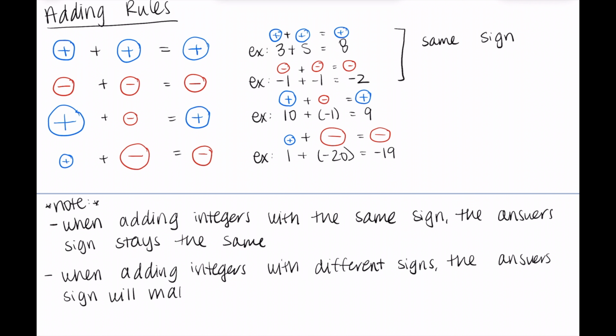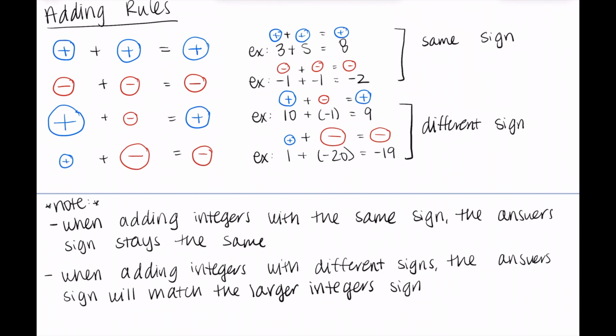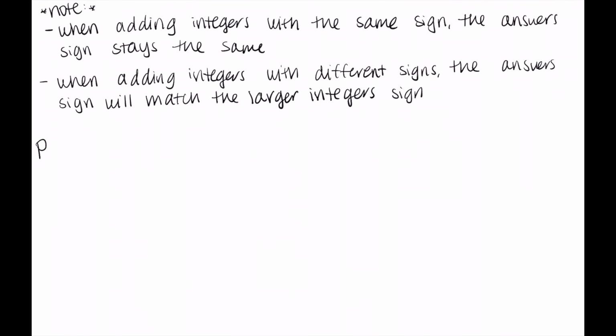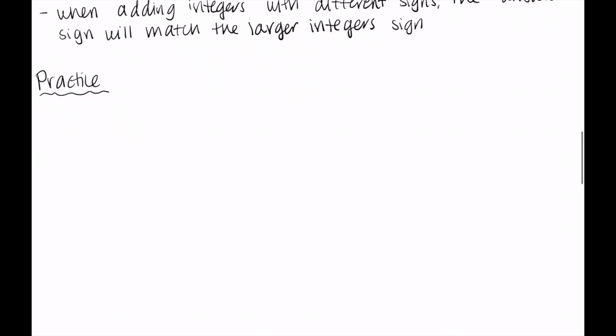So if we look back up to the rules and our examples, the bottom two had different signs, a positive and a negative, and a positive and a negative. In the first one, the absolute value of 10 is greater than the absolute value of -1. So that's why the sign would match the larger integer. So when I say matching the larger integer, I mean the absolute value.